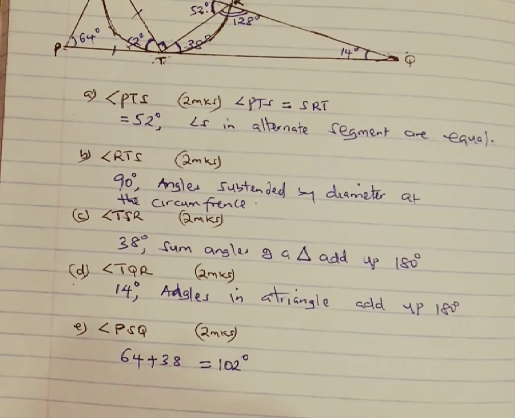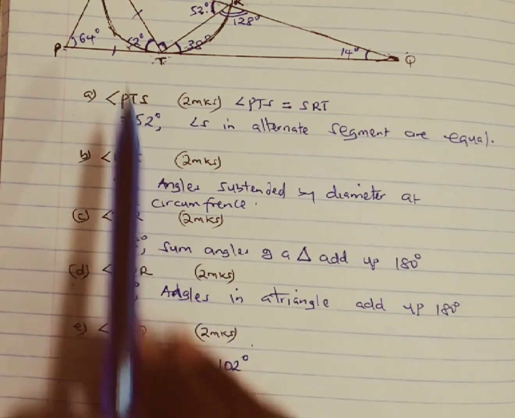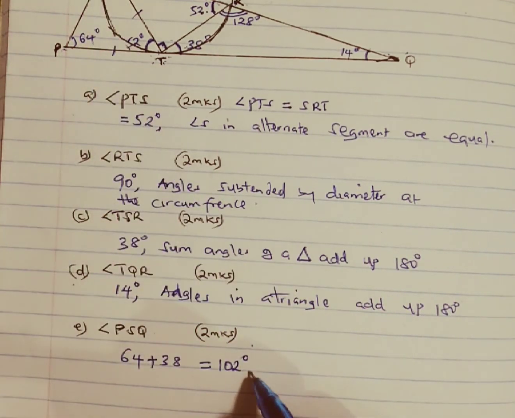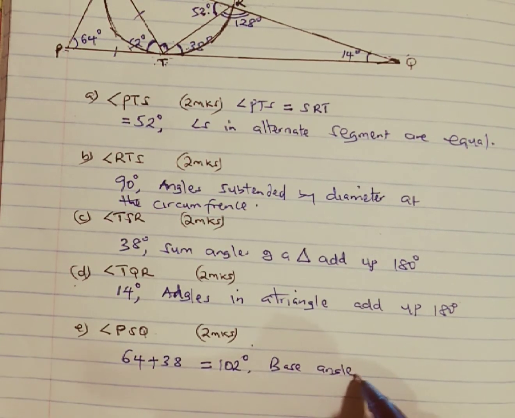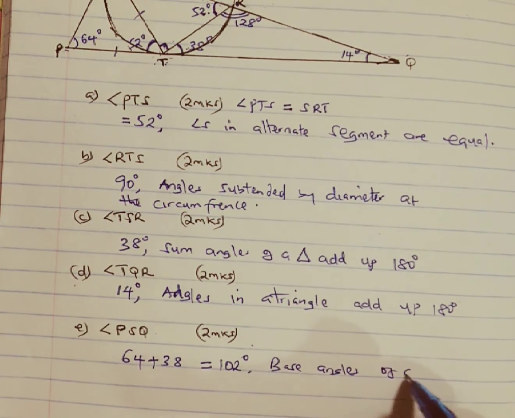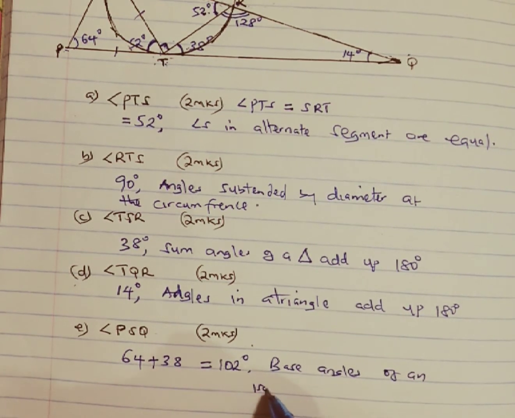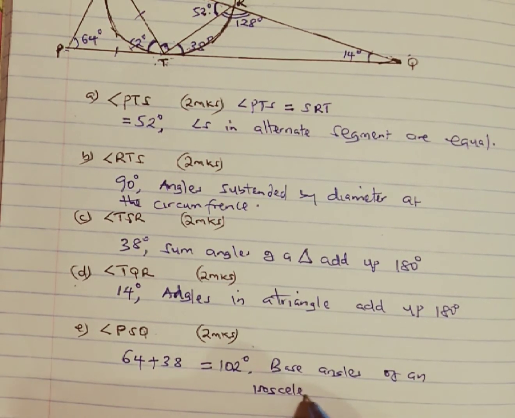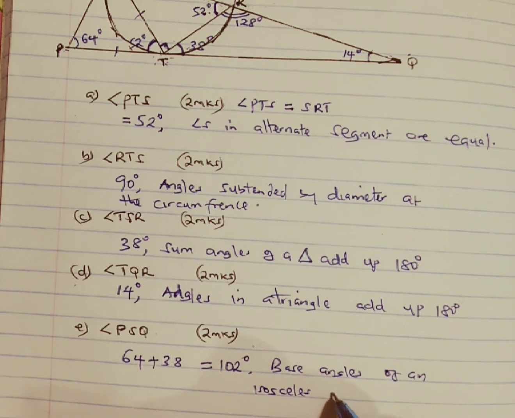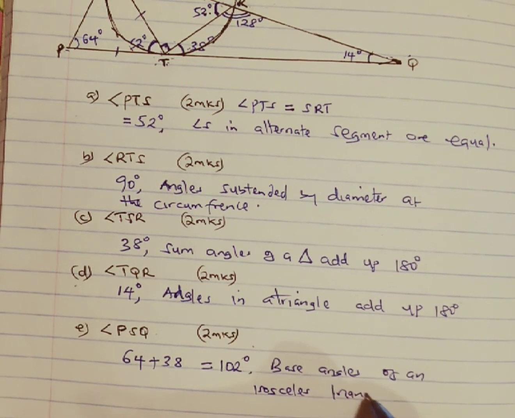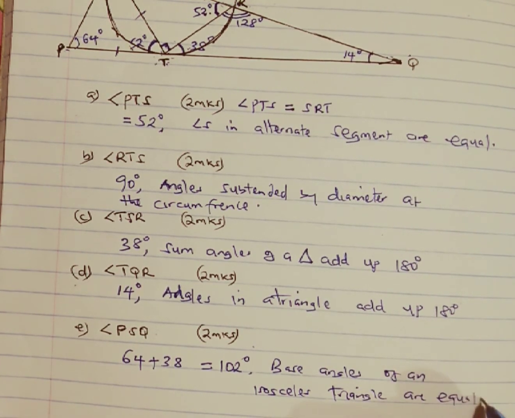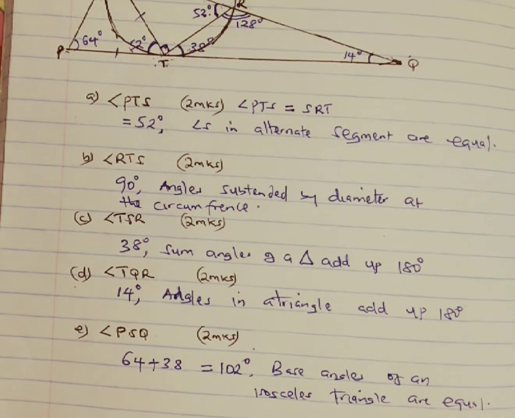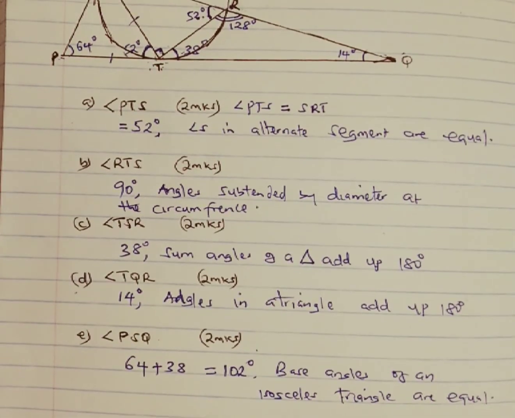The reason we can give is that we got them from the base angles of an isosceles triangle, and we say base angles of an isosceles triangle are equal. And by so doing, we have answered all these questions in the right way.